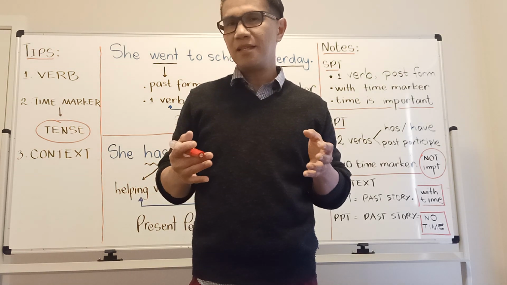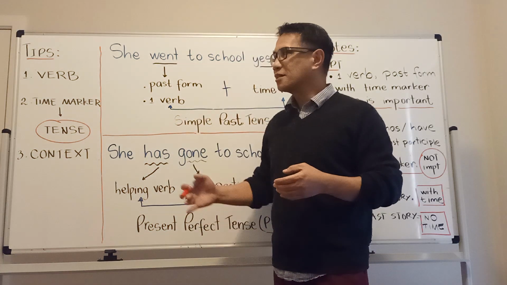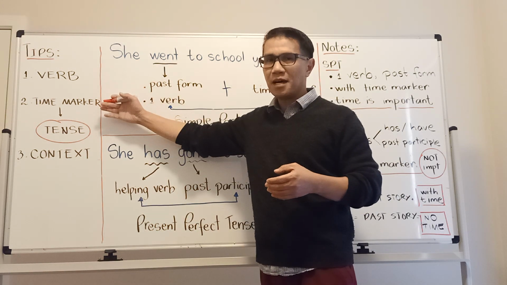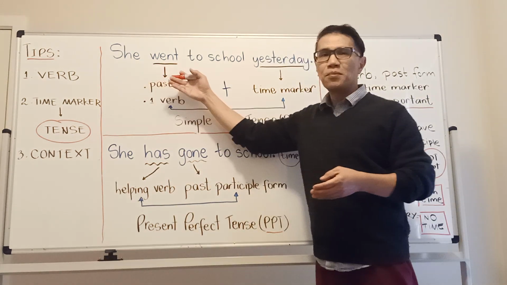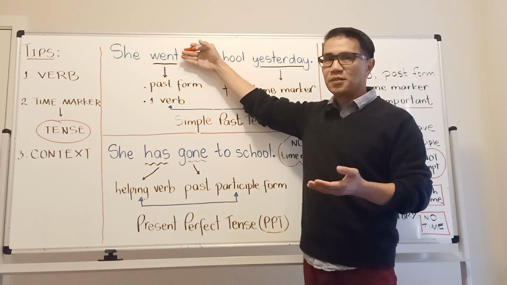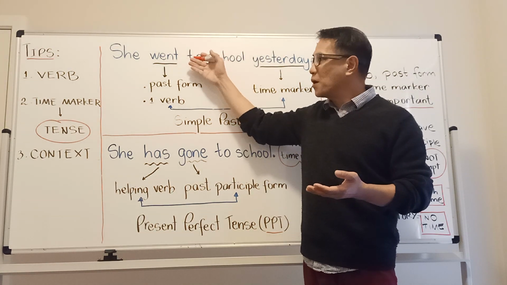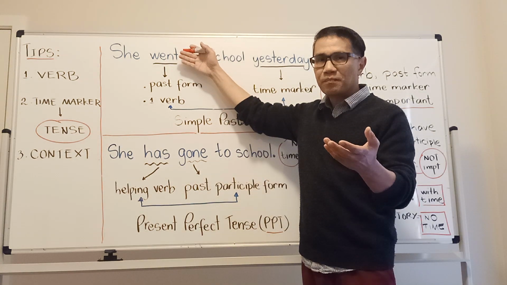Let us say that this is your story. In this example, we are going to look at the verb and the time marker. She went to school yesterday. The verb is went. Went is an action verb. It is a doing verb.